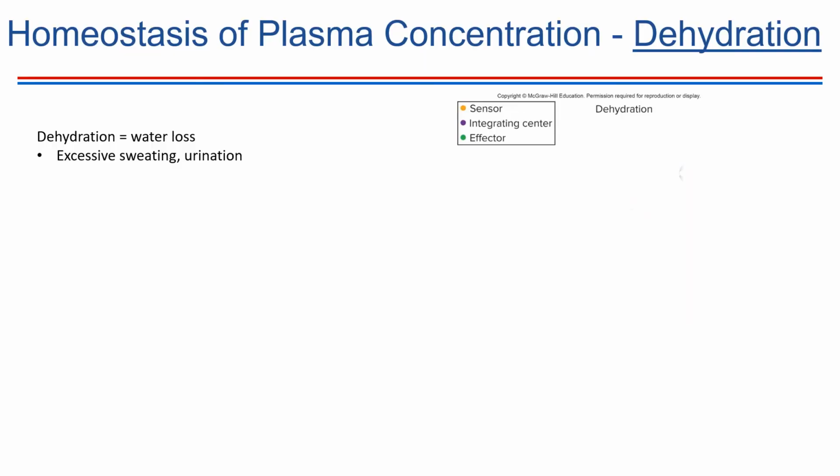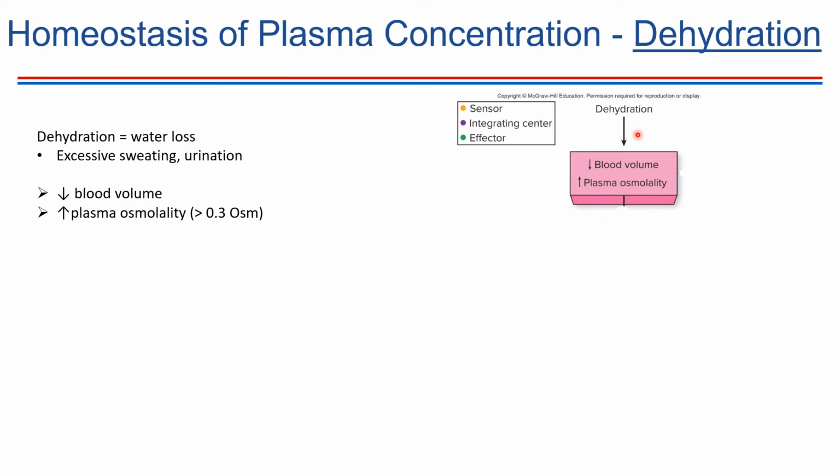So let's go through a little flow chart that puts this in a real world perspective. If we're looking at somebody who's getting dehydrated, what's really going on here? Remember, we have our sensors, integrating centers, and effectors, and they're all having an interplay in what's happening. So when you have somebody who's getting dehydrated, they're having water loss, and you can have that from excess sweating or urination.